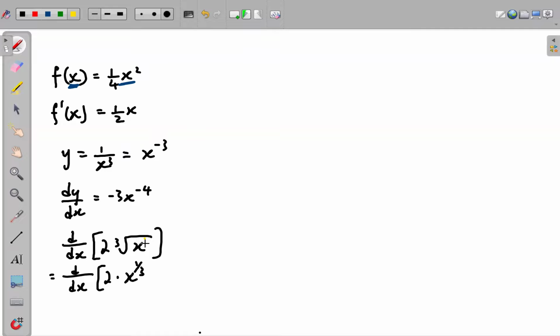Remember, there is that invisible 1. So once I have this now, I can differentiate. 1 over 3 times a 2 will basically become 2 over 3. Then I'll have x, and then 1 over 3 minus 1, which I think will be a negative 2 over 3.